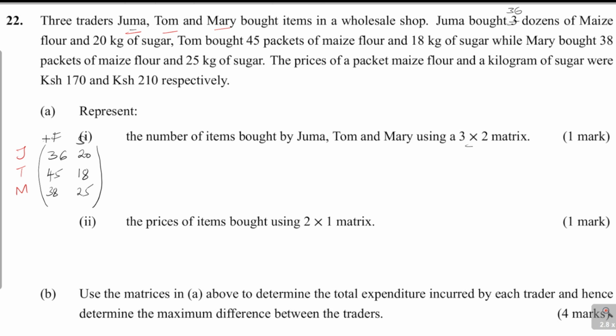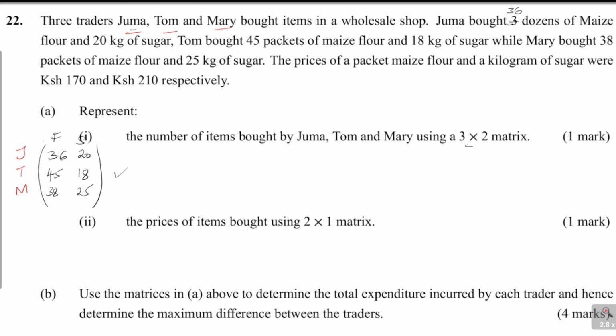These ones I was just putting in so that you can understand why I'm using the 3 rows and 2 columns. The first column is for the maize flour, the second column is for sugar. The first row for Juma, the second row for Tom, the third row for Mary. So that is the matrix. It's supposed to be like that.